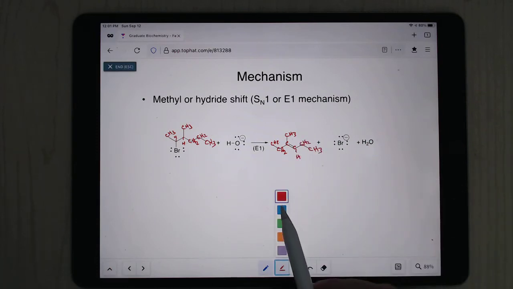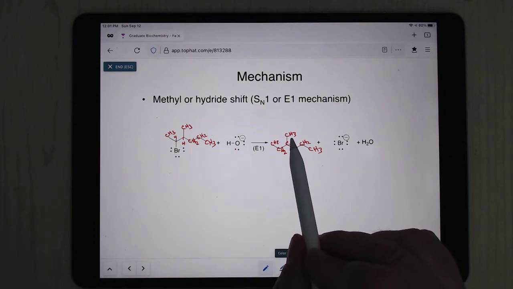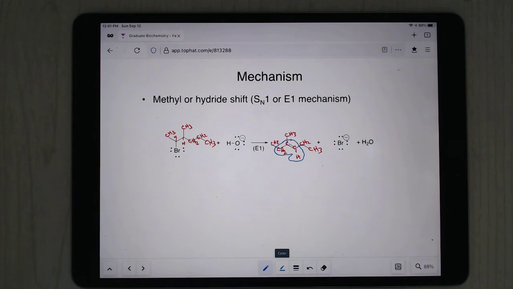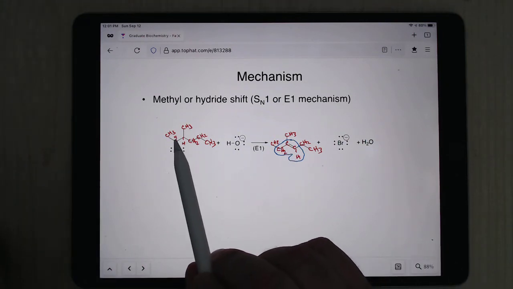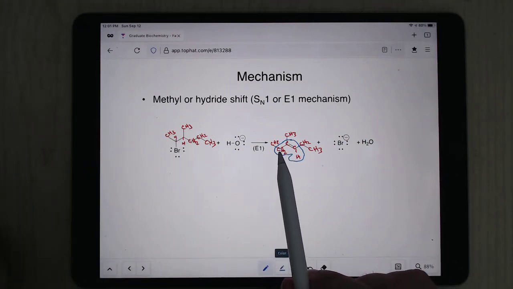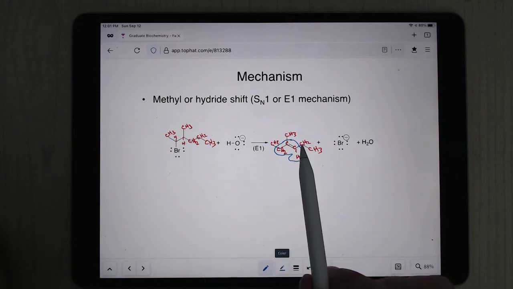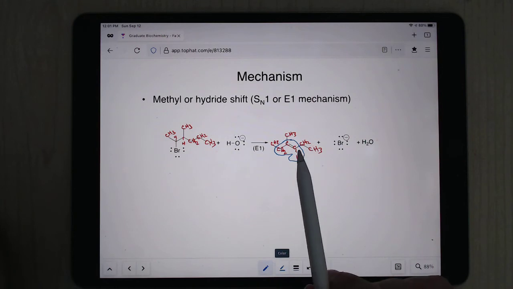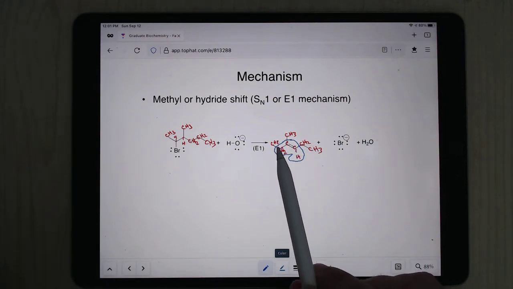And if you notice, the only ones that change are these right here. It goes from a CH to a CH2. The middle carbon goes from a CH to no hydrogens on it, and this one goes from a CH2 to a CH. So those are the three that are going to change.